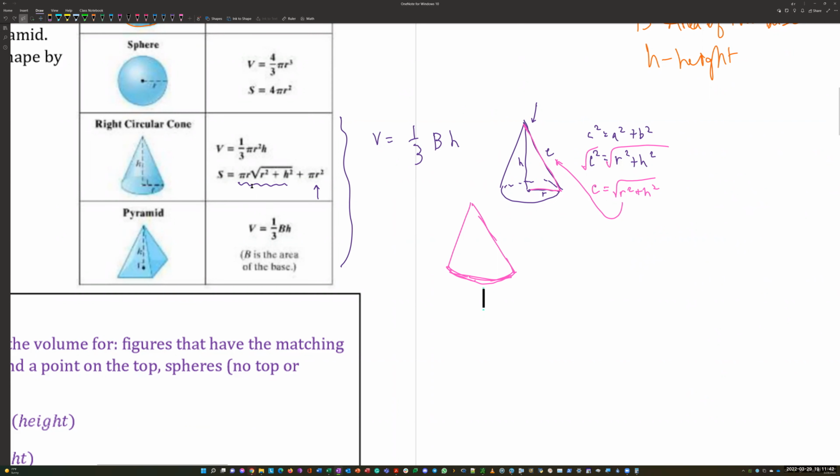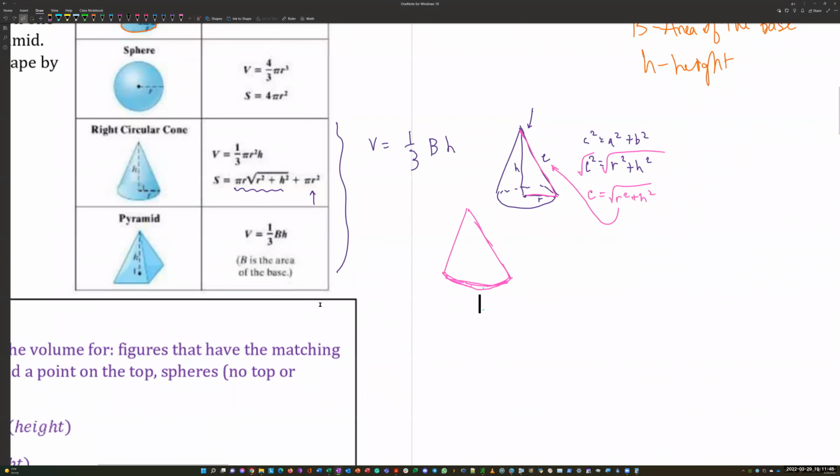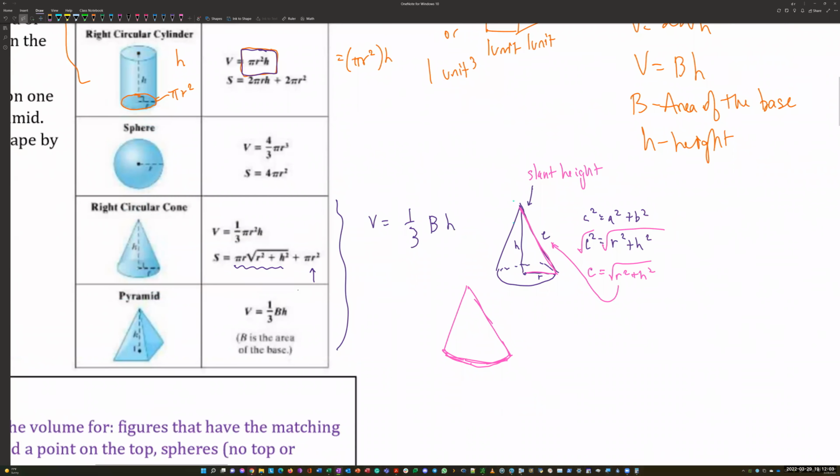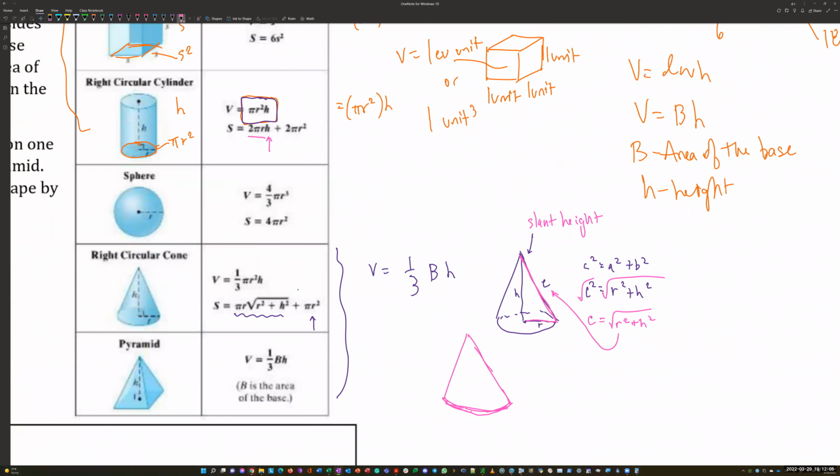But I would just remember it based off the fact that sometimes people call this value here the slant height. So if you just take the pi times the radius, but now you have to multiply times the slant height also. Why does this make sense? Because the previous formula was 2 pi r times the height. Now we're doing pi r, but times the slant height. Does that make sense? Question?